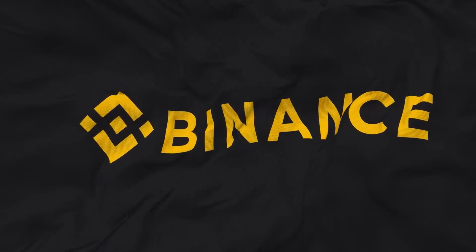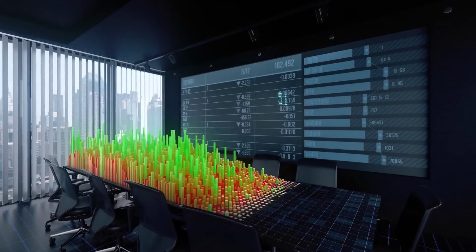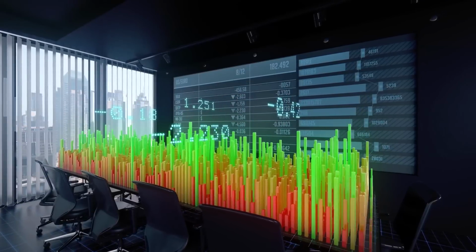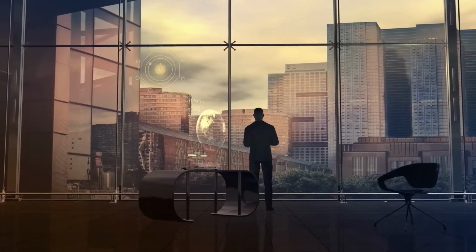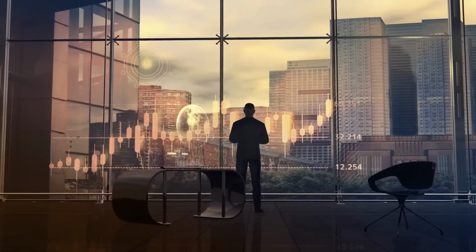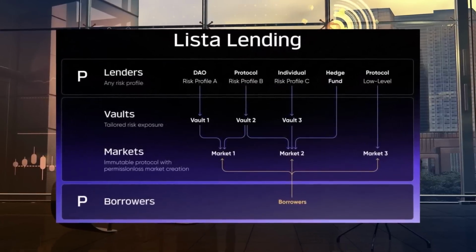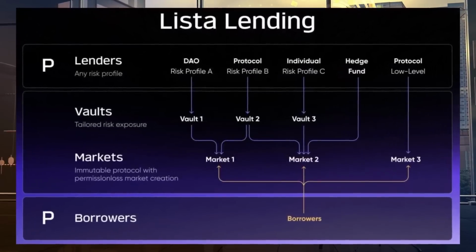By operating on the Binance Smart Chain, Lista Lending offers low fees and fast transaction speeds, making it attractive to users of different levels. Let's take a closer look at how Lista Lending works. And here, as I mentioned earlier in the video, Lista Lending uses vaults and markets in its operation.